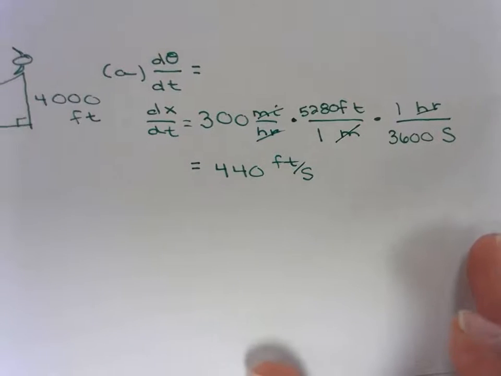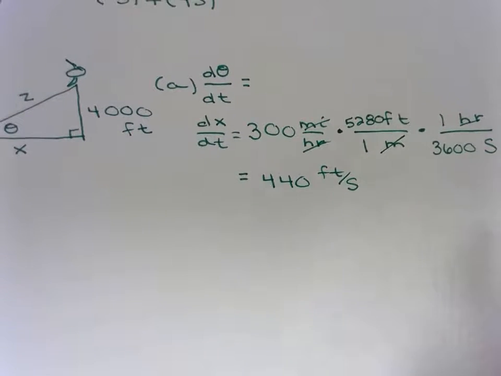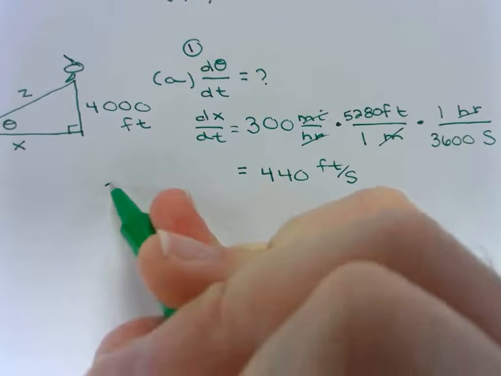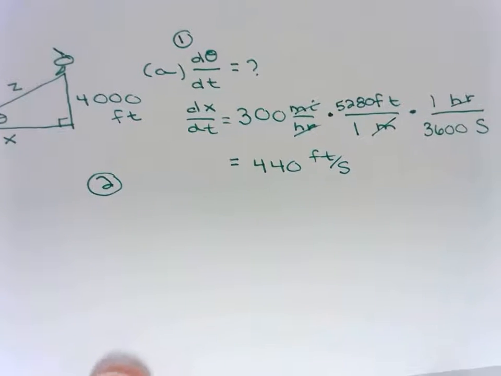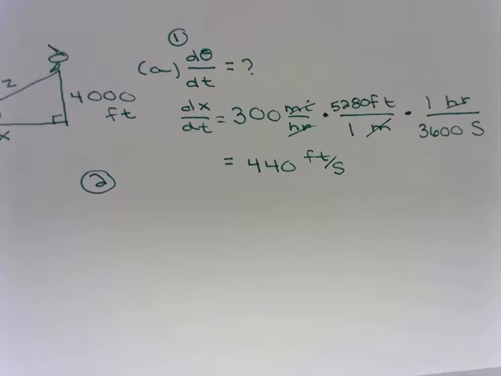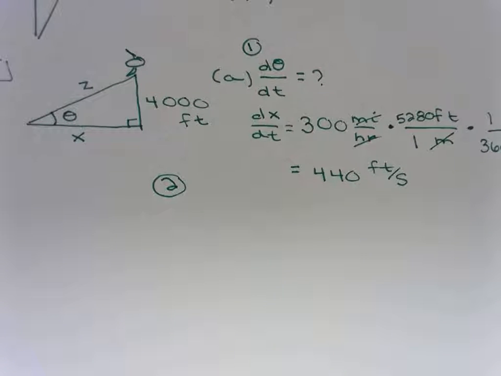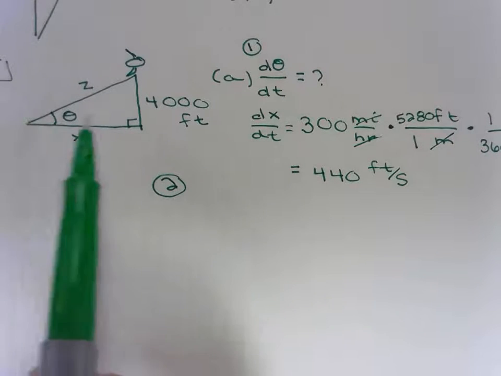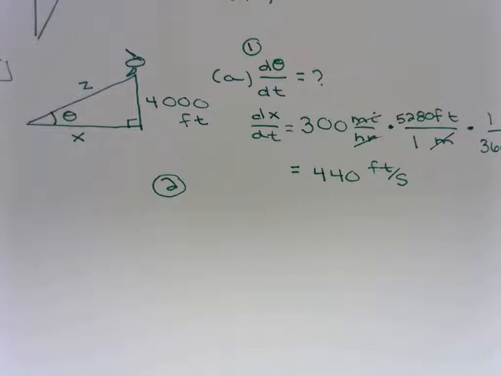Now, that was all the first part. The second part is to create a formula that relates everything that is given to you. I want to relate theta. I give you the angle, the opposite side, and x. I don't give you anything about z, nothing about the hypotenuse.